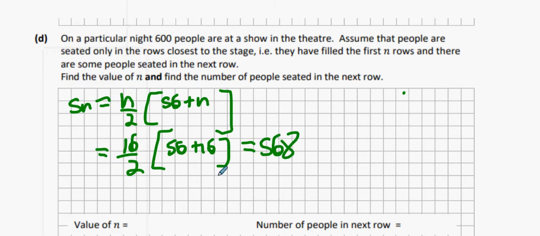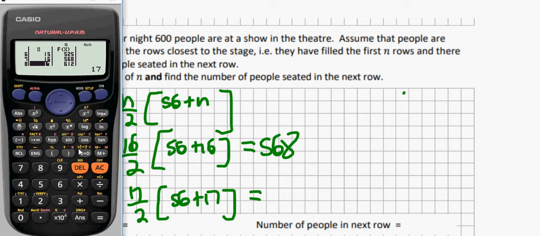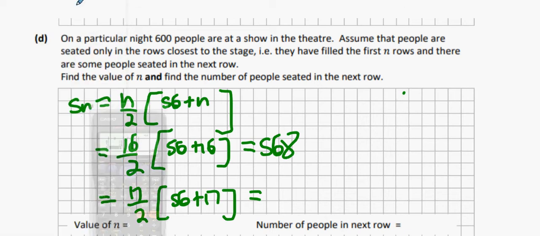And then I've tried 17 afterwards. And 56 plus 17, and then put it in there. And what's my answer? 612. Okay, this is probably the best way to do this one. Now, I reckon the first 16 rows are full, aren't they?